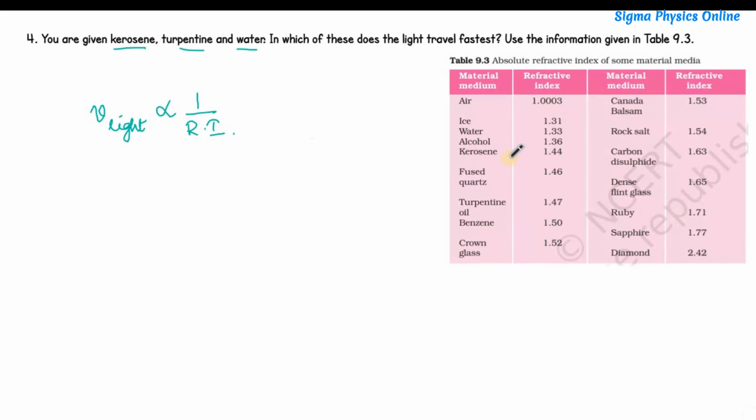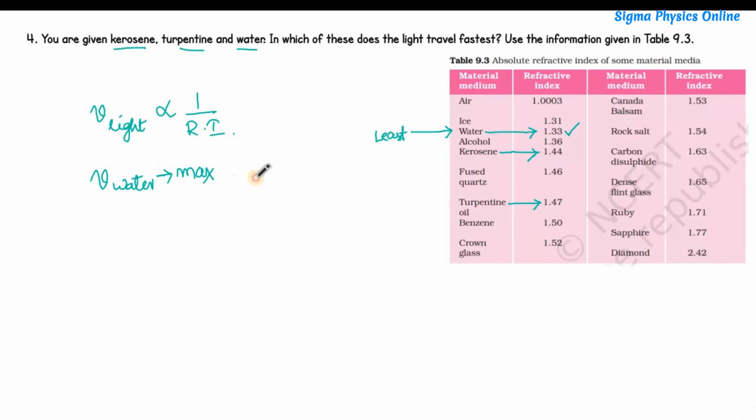that medium. So let's see here, kerosene has a refractive index of 1.44. Turpentine has a refractive index of 1.47, whereas water has a refractive index of 1.33. So the refractive index of water is the least. So thus we can conclude that the speed of light in water will be maximum.